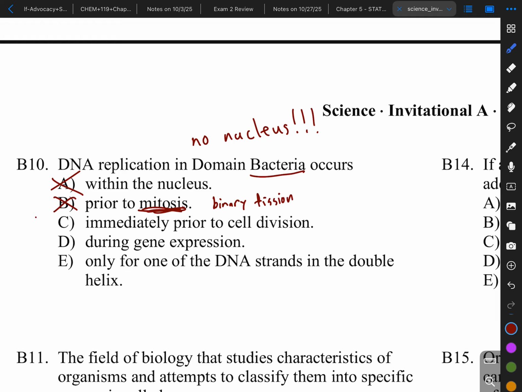Immediately prior to cell division. Well, that does check out. The bacteria have to replicate their DNA and separate it, and then once they divide, each of the daughter cells will have the same amount of DNA as initially. During gene expression, not necessarily. Gene expression in bacteria happens along with transcription, as you'll see once you start learning about operons.